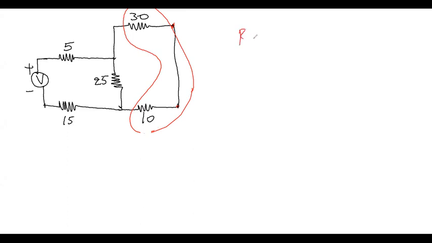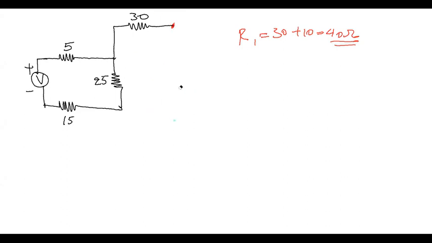So let's say their equivalent is R1. That is 30 plus 10, which is 40 ohm. So we can replace these two with a 40 ohm resistor. So this is R1.